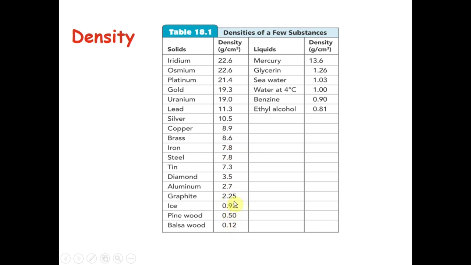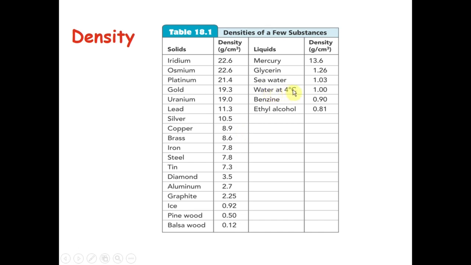Let's look at this important material, ice. Ice is just solid water, and if you look at the density of ice, it's 0.92 gram per centimeter cubed. Let's compare this with fresh water.